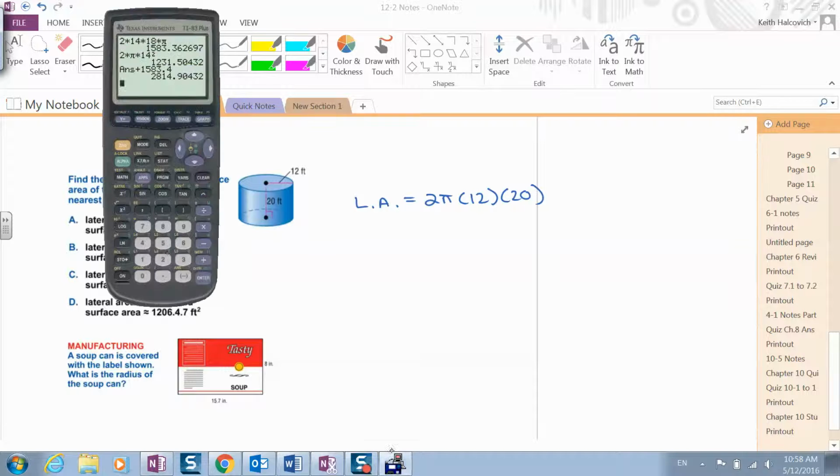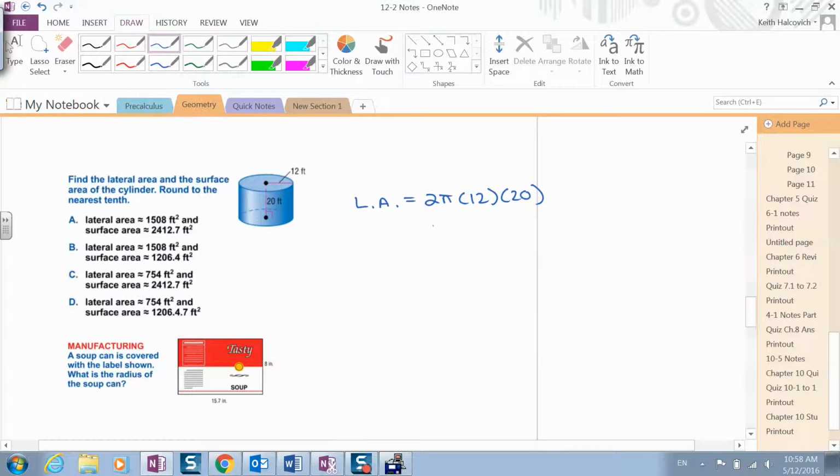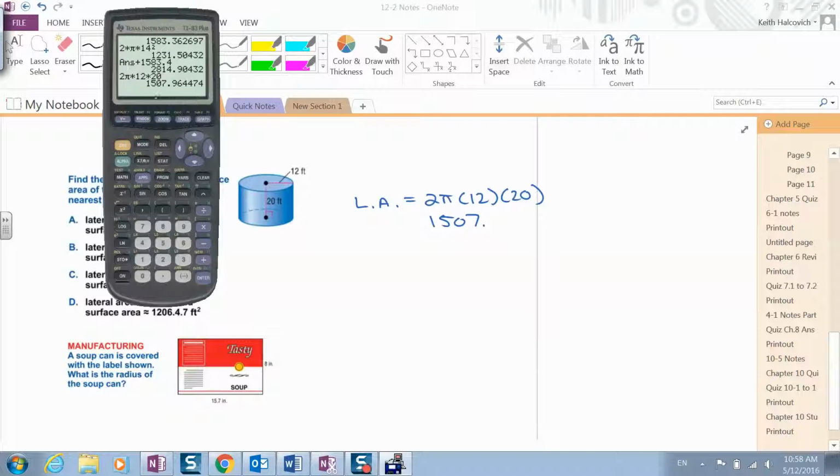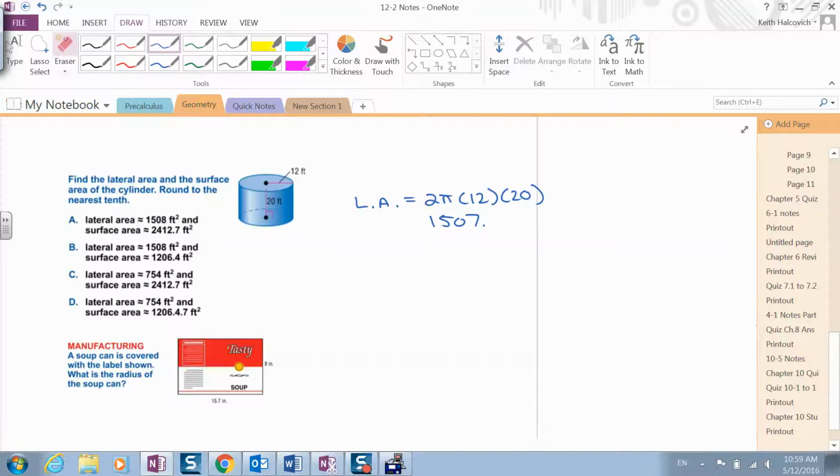So the lateral area here is 1,507.96, which rounds up to 1,508 square feet for the lateral area.